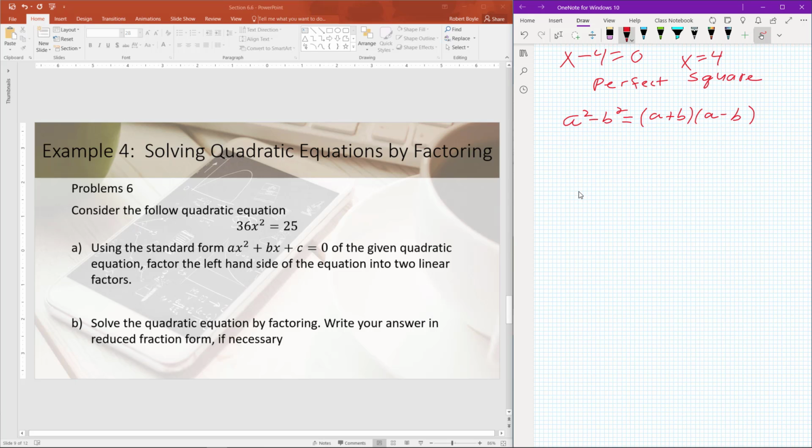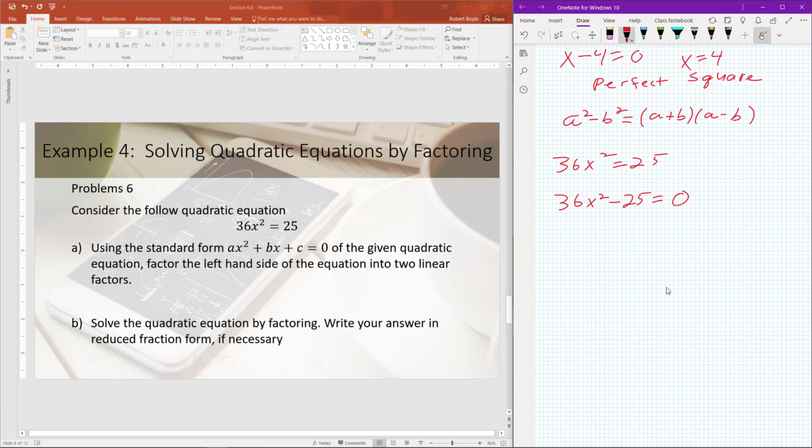Now, for part A, we need to get this in standard form, and then we need to factor it. Okay, so let's go ahead and do that. We have 36x squared is equal to 25. Now we need to subtract 25 from both sides of the equation, and that will give me 36x squared minus 25 is equal to 0.